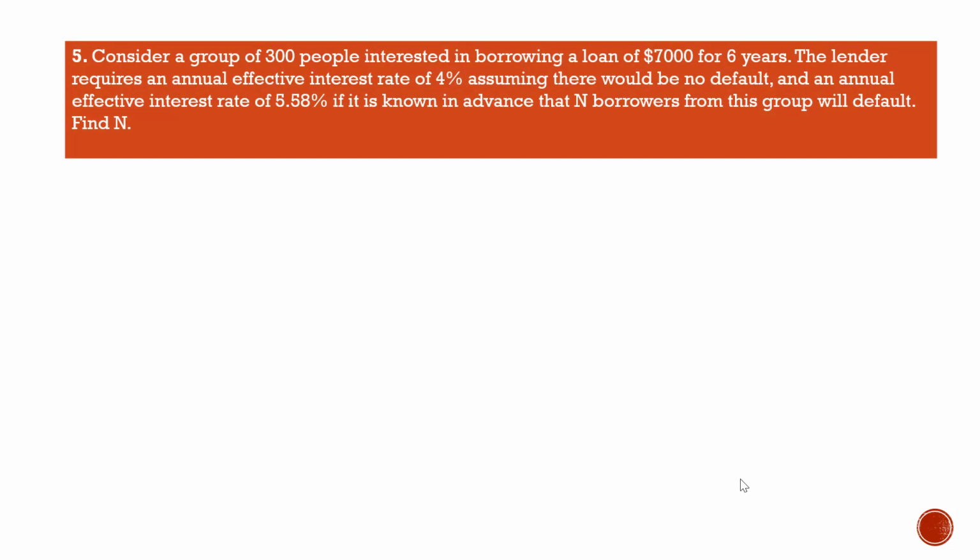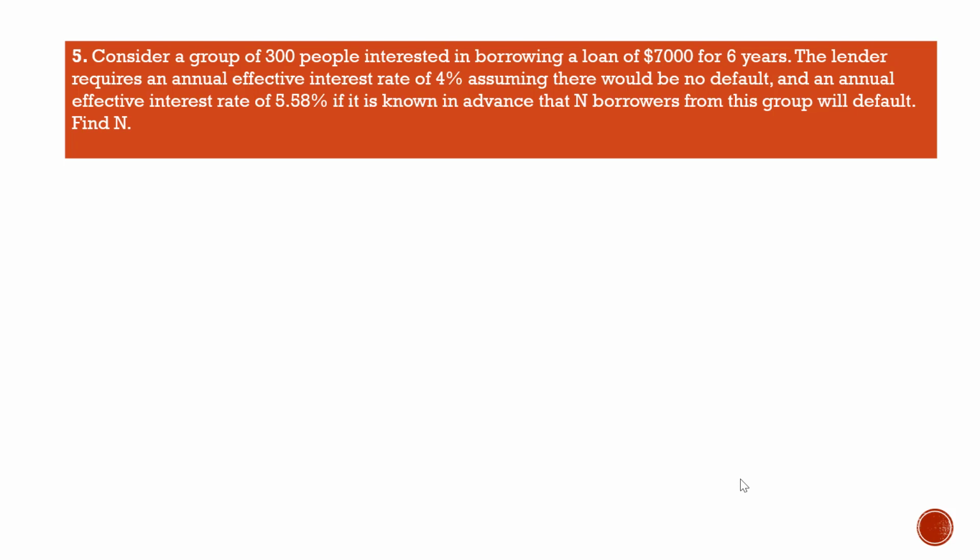Question 5. Consider a group of 300 people interested in borrowing a loan of $7,000 for 6 years. The lender requires an annual effective interest rate of 4%, assuming there would be no default, and an annual effective interest rate of 5.58% if it is known in advance that N borrowers from this group will default.